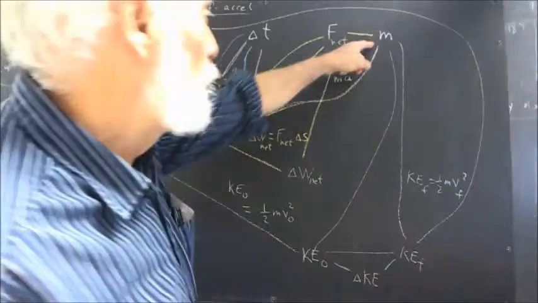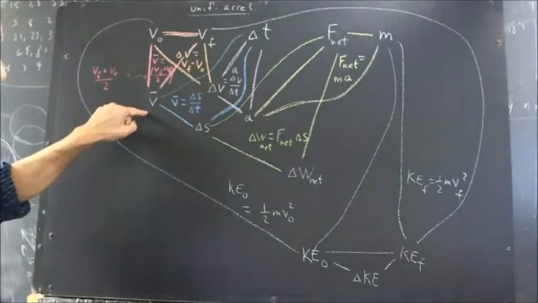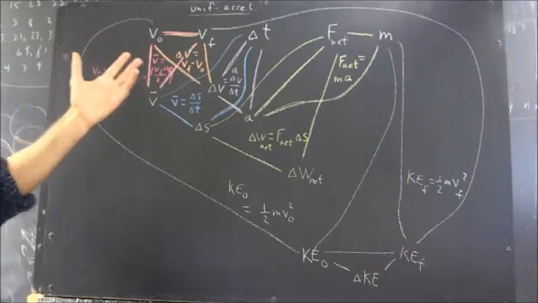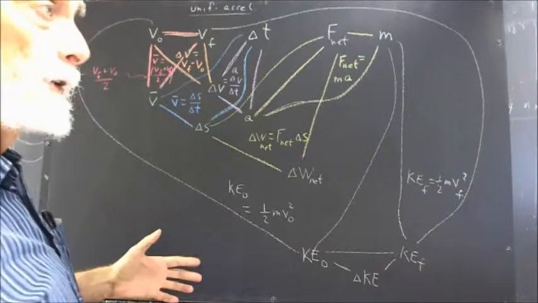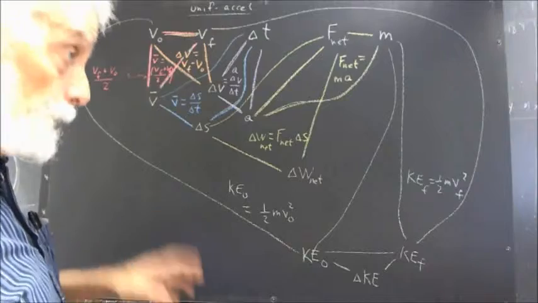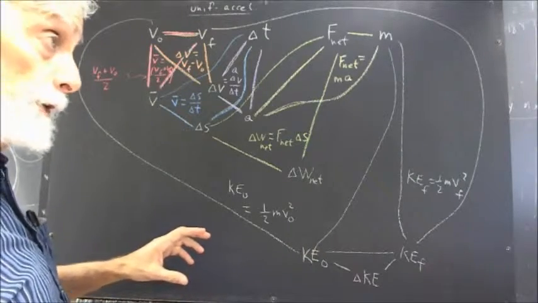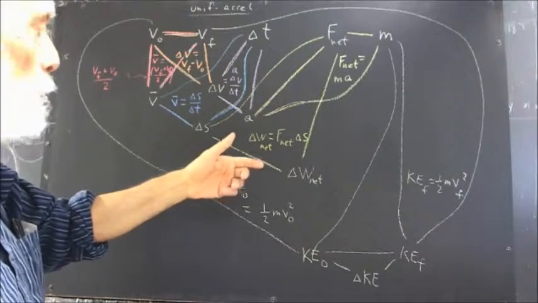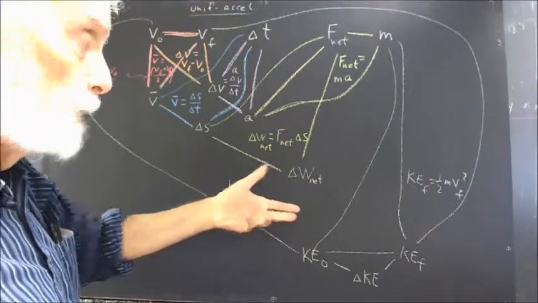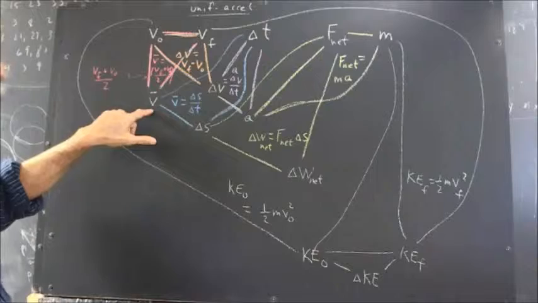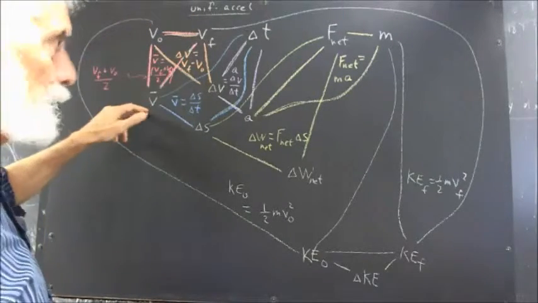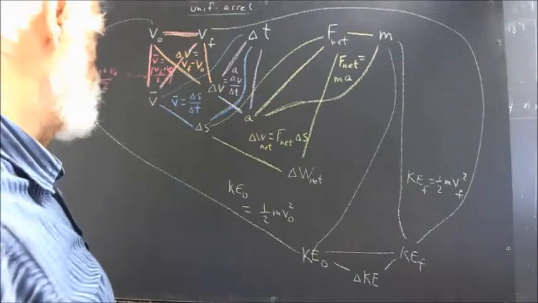If we know the mass and the average velocity, we can do the 1/2 m times the average velocity squared, but that is pretty much a meaningless quantity because it does not give us the average kinetic energy. Reason being that the kinetic energy is proportional to the square of the velocity, so the average velocity is a linear average of the initial and final velocity, and it doesn't articulate with the idea of kinetic energy.